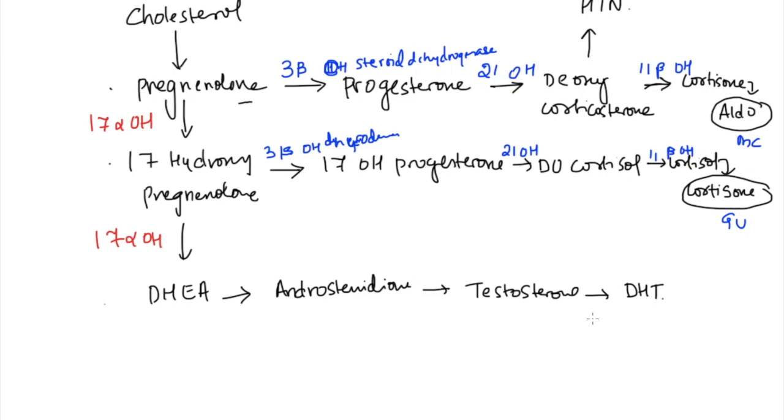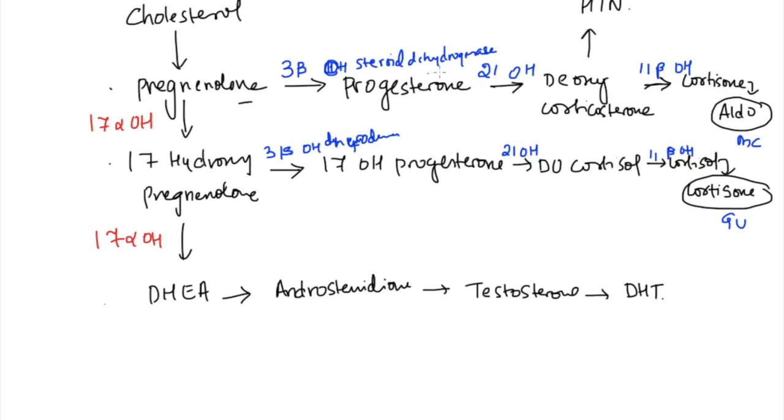In female, if there is no testosterone, no problem. In a male, what happens? It will lead to ambiguous genitalia in male. So basically, in 17 alpha deficiency, there will be ambiguous genitalia in male, and they'll have glucocorticoid deficiency, while their mineralocorticoid activity is normal. And then lastly, we spoke about 3 beta hydroxy deficiency. When this enzyme is deficient, this part of the reaction is not progressing in this way.